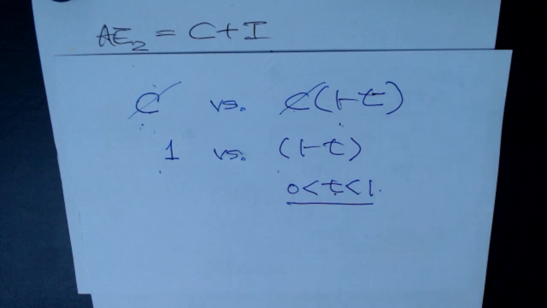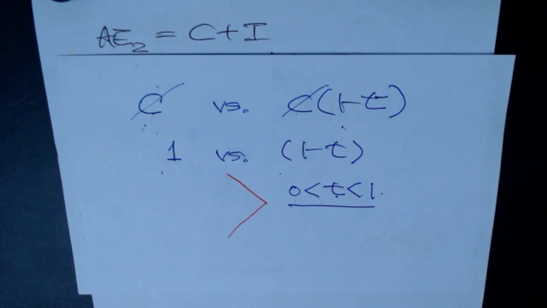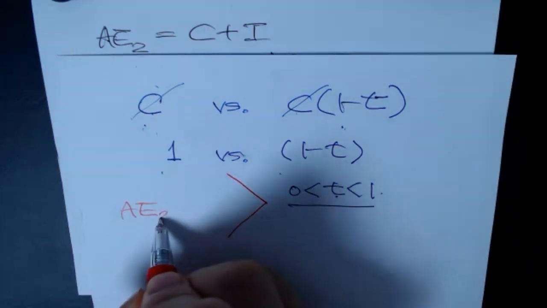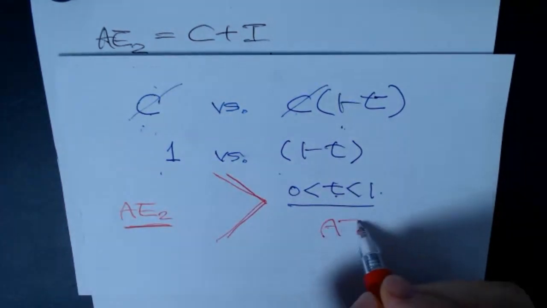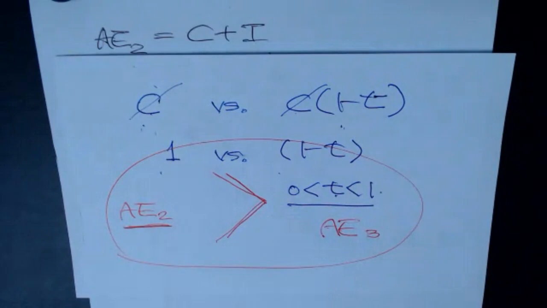So you can easily see that this one is always greater, right? So I said the slope of aggregate expenditure 2 is always greater than the slope of aggregate expenditure 3. Please remember that. As a result, what should happen?